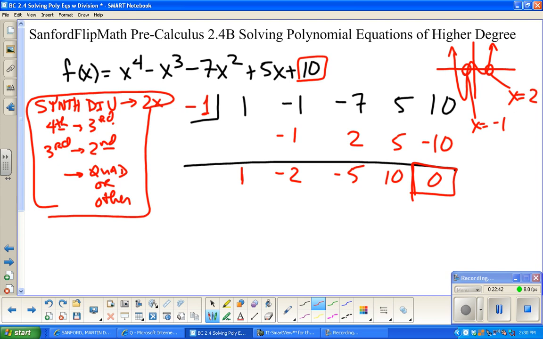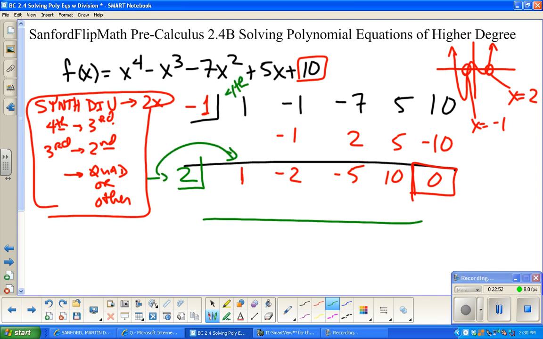So what we're going to do is do a whole nother synthetic division, just picking up right where we left off, because this guy right here is the cubic. This was 4th degree, this is 3rd degree, and now if we keep going, what we're left with after that will be 2nd degree. Okay, so bring down the 1, multiply, add, multiply, add, multiply, add. Remainder is 0.